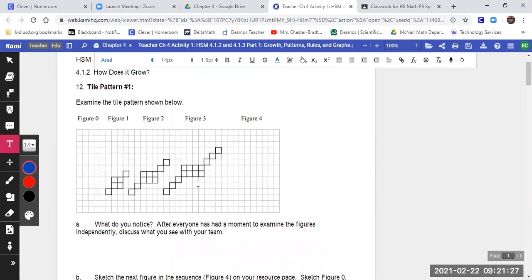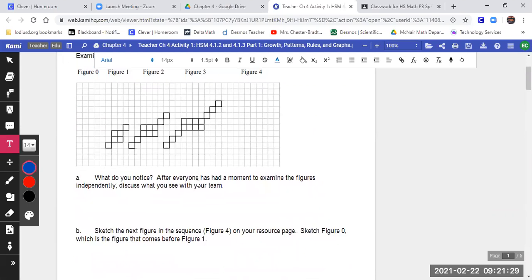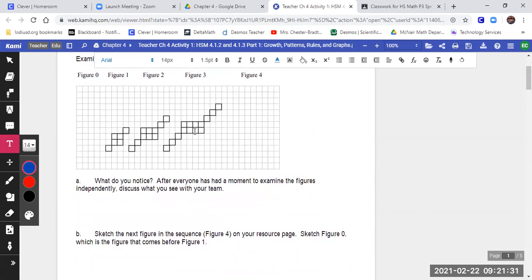So before we can do that though, we need to figure out how many tiles are in each one. What do we notice about them? We're going to get this figure 0 sketched and the figure 4 sketched. We're going to do parts A and B, and then transfer it down to that table.